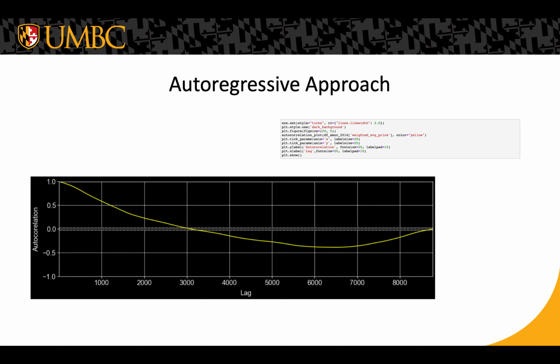I found that around 3,000 observations in the time lag, the autocorrelation is above 0, or positive. That means autoregressive should work if the forecasting period is around 3,000 data points.